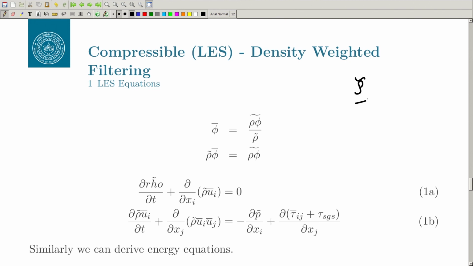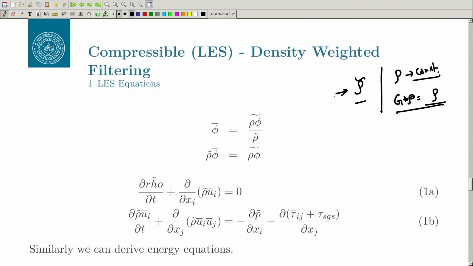In the case of incompressible flow, density is a constant. In that particular case, if you apply this filter on rho, this will be nothing but rho, because of the properties of the LES filter, the low pass filter. If it is applied on a constant, it will give you the constant back. This is not true for the compressible flow.